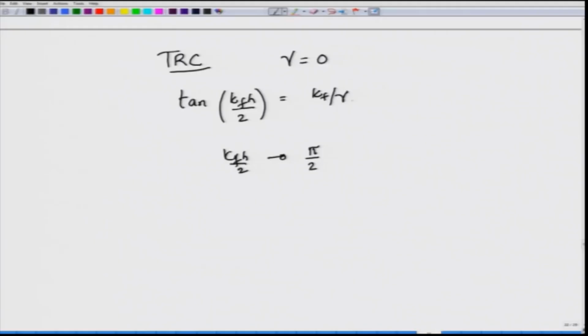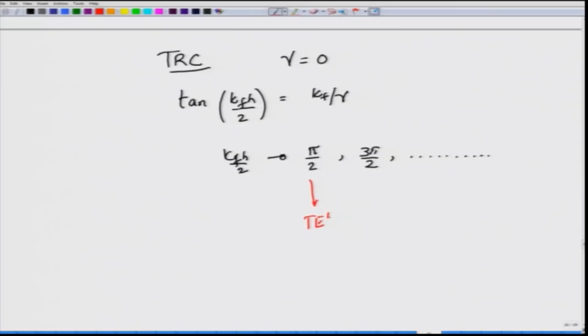So, sorry, this is the transverse resonance condition for the odd modes that we have written. So, for the even modes of course it is the other way around, and what you see is that as it goes from say pi by 2, then you have a 3 pi by 2 and so on, there are an infinite number of such solutions. The first solution that you will get will be the one that we will call the TE1 solution.